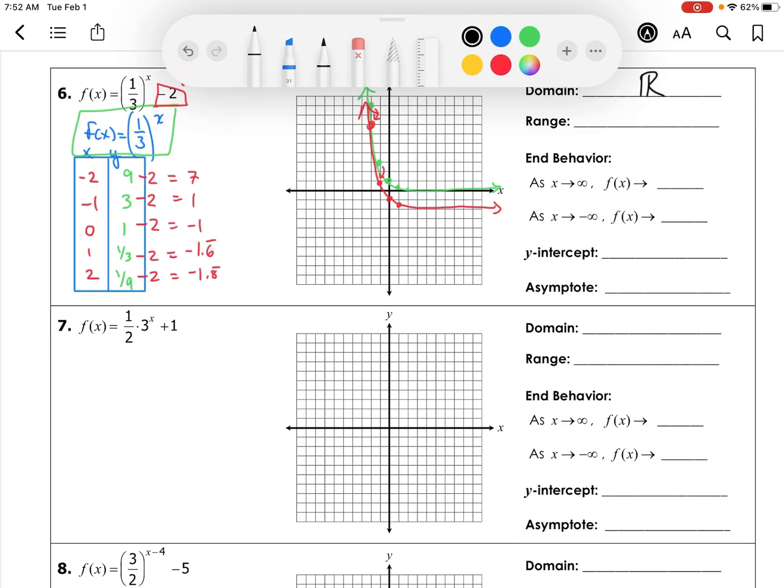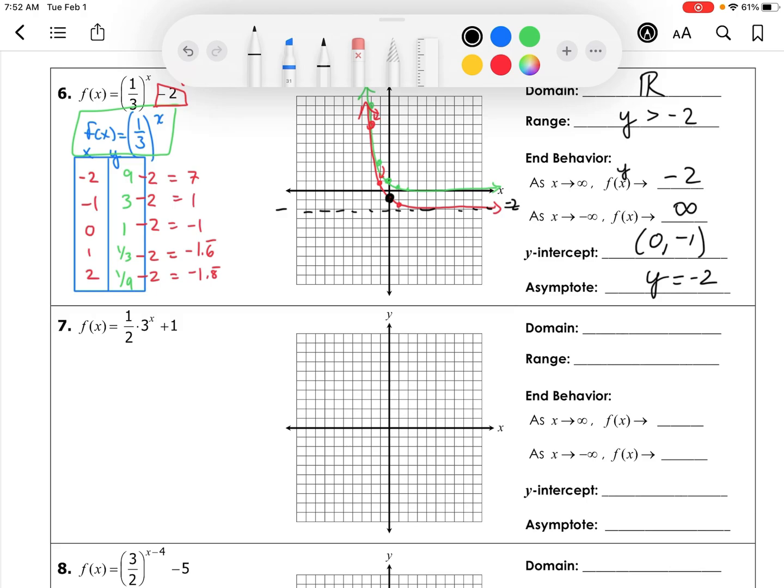The range for our new red graph is everything above -2. And behavior on the right side, it approaches -2 on the y-axis. On the left, it goes to positive infinity. We have a new y-intercept right here of 0, -1. And our horizontal asymptote is still at y equals -2 because we moved it down 2.